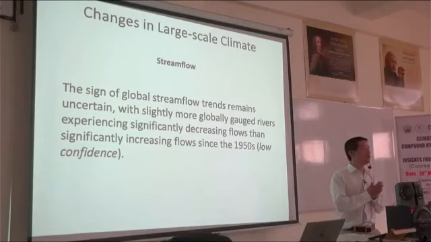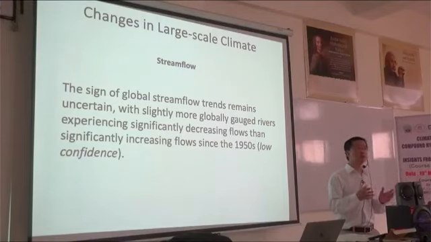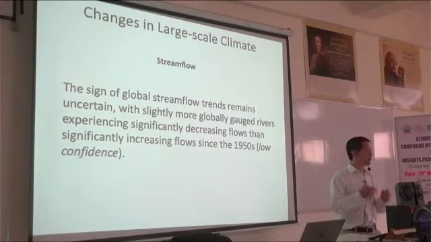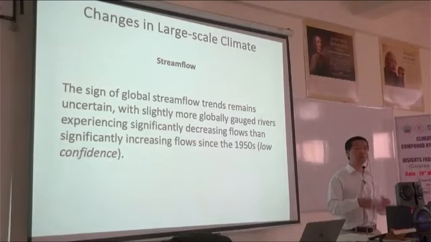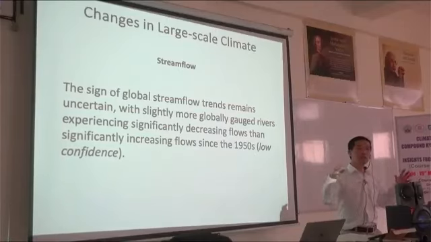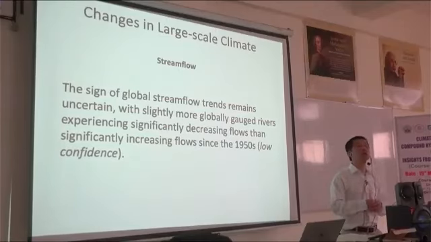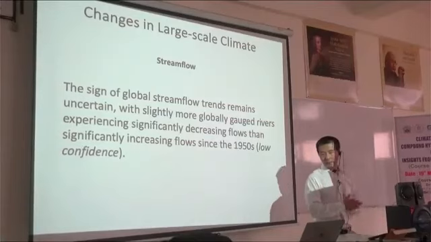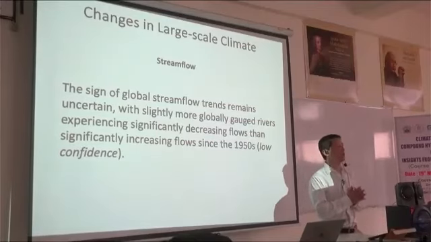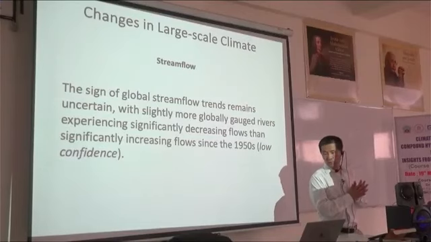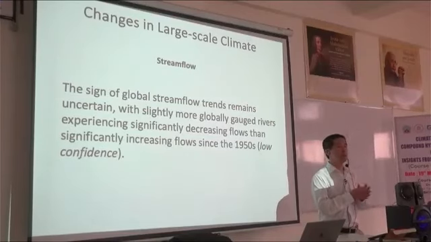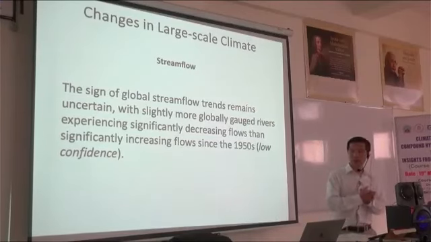The Walker cell is also very relevant to El Nino events. If you have a stronger Walker cell, you have La Nina events. If you have a weaker Walker cell, you have El Nino events. But that's more large scale circulation, so we won't talk about that. If you are interested, we can talk separately.